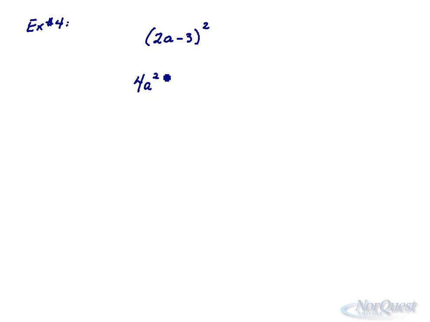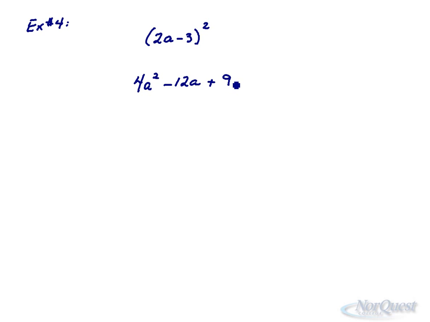So 2a times negative 3 gives you negative 6a times 2 to give you minus 12a, and the last term is going to be the last term of the binomial squared. Negative 3 times negative 3 to give you positive 9.